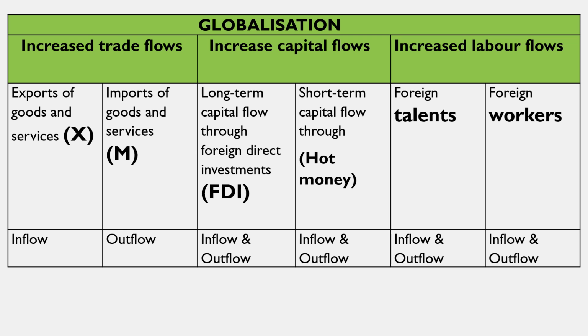For example, we have inflow of foreign workers who help us with the construction of our MRT as mentioned earlier. We can also have outflow of foreign talents when you see Singaporeans being hired by international companies overseas and being posted overseas. So hopefully this table helps you organize what is globalization.